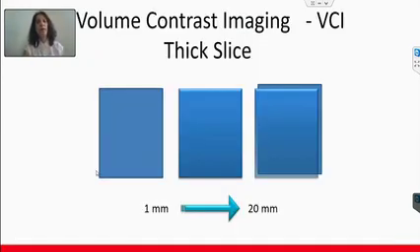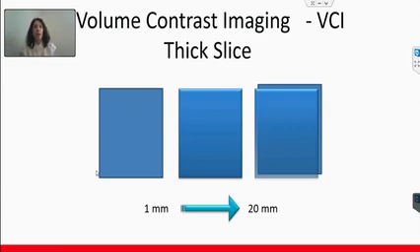The last thing I want to talk about is the VCI. This is the volume contrast imaging or fixed size. We can look at the images whether they are tomographic image, whether they are a static information or dynamic information like a 4D. We can look at them instead of as 2D images.